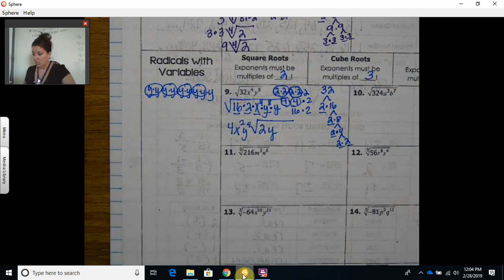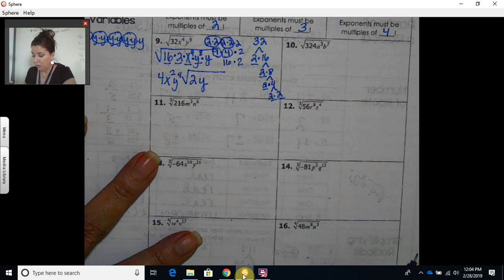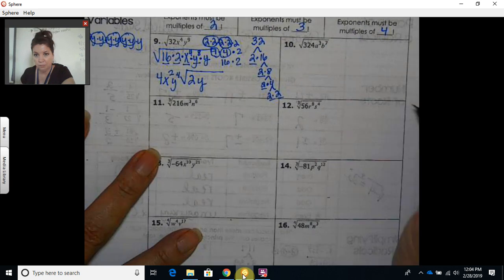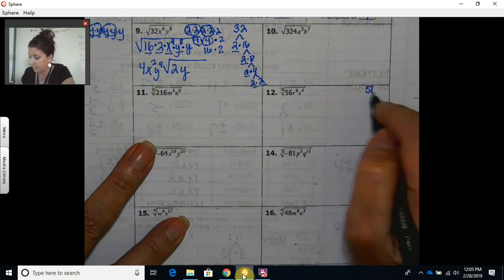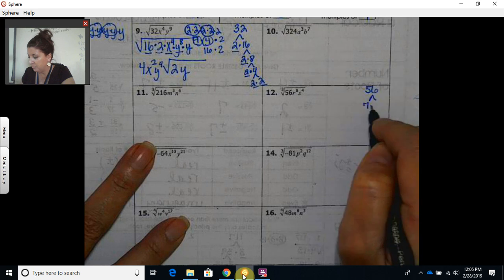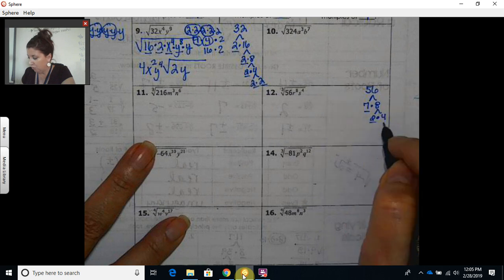So let's look at number 12. Cube root of 56, r to the 8th, s to the 4th. Is 56 a perfect cube? No. Okay, so let's see if it has any perfect cubes. I could use 7 times 8. 7's prime. 8 breaks down to 2 times 4. 2's prime. 4 breaks down to 2 times 2.